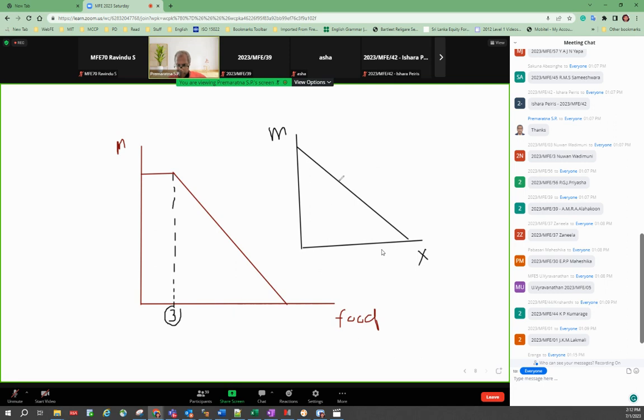Now the seller says, if you buy more than 1 unit, you get a discount price. So up to here is the normal price, then the discount price, after that the budget line goes like this.